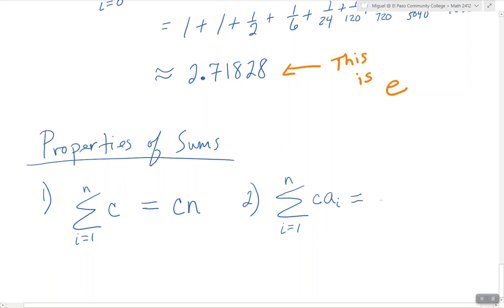To simplify this a bit, I can take the constant out in front of the sum, and I can just do this for the expression a sub i. So I would still do the whole process from 1 to n, but I can take this constant out. So let's say this constant was like 5,000. I don't have to leave it in here. I can take it out, do that first, and then at the end multiply by 5,000. So we can factor out constants.